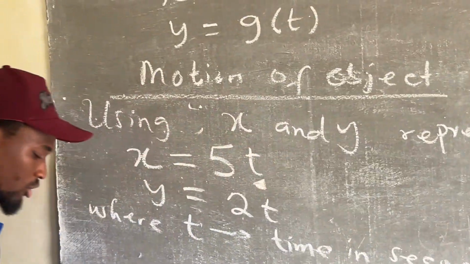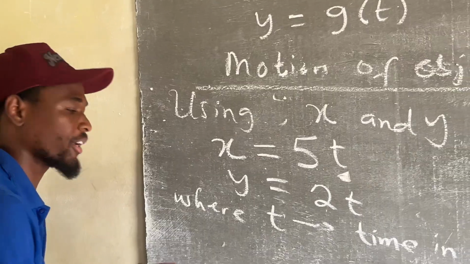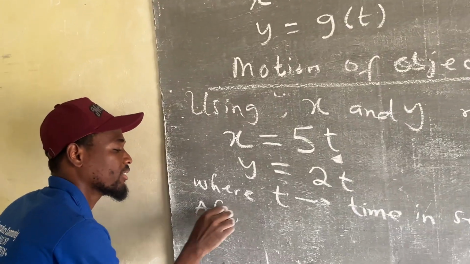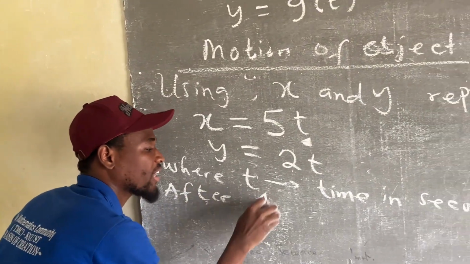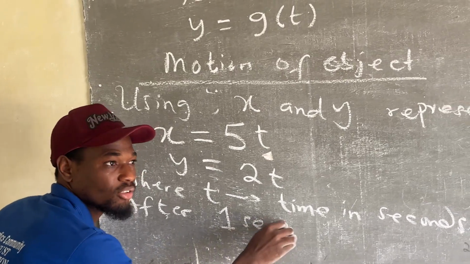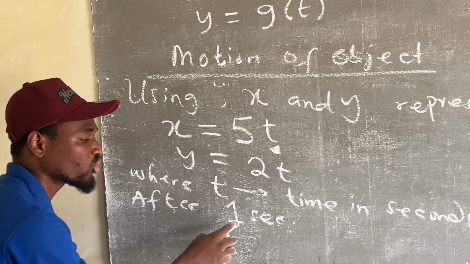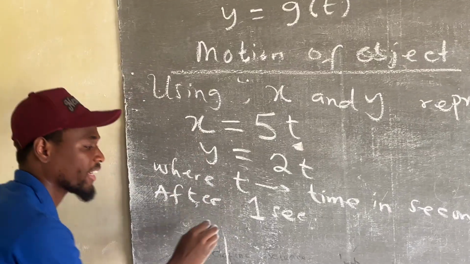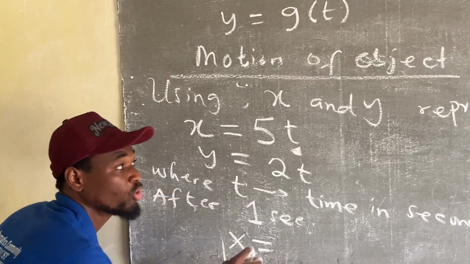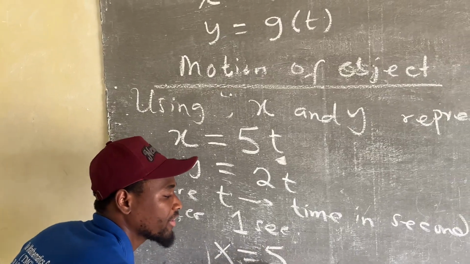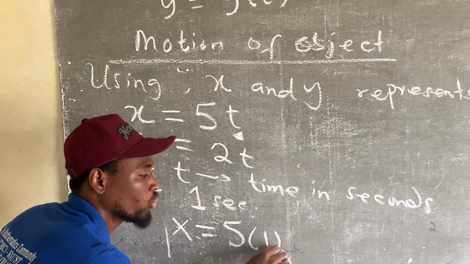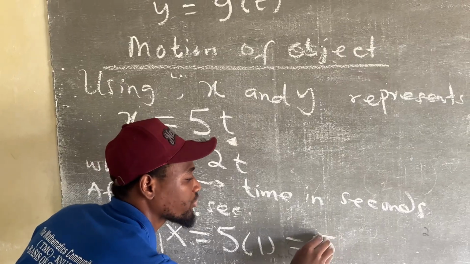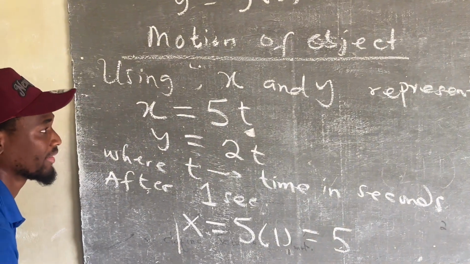This way. So viewers, what you do is, let's say after 1 second, what happens? We are going to put it into x and y. So after 1 second, we have x equal to 5 times my t, which is 1, which is equal to 5.